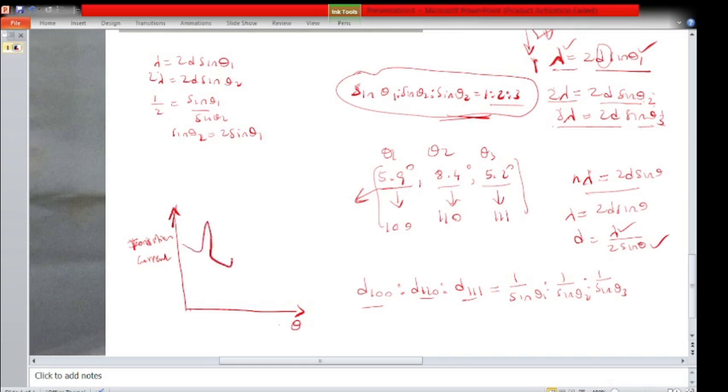This will be produced, and here will be high intensity, then again here some high intensity, and so on. So these are n equal to 1, n equal to 2, and this is n equal to 3.